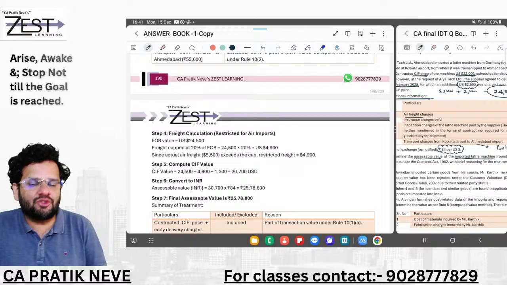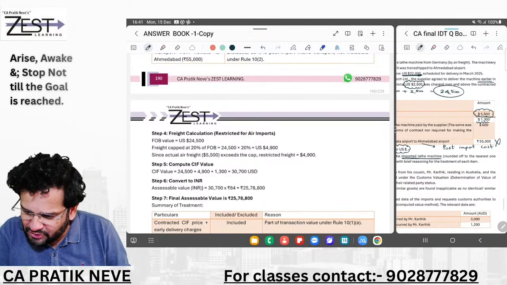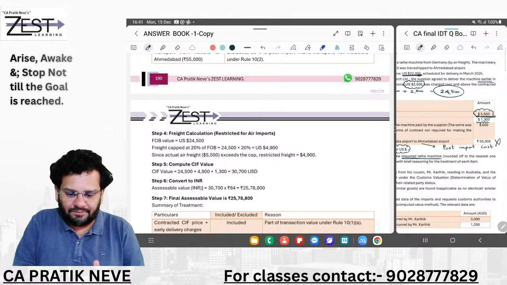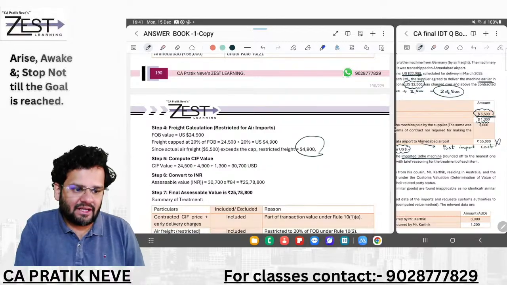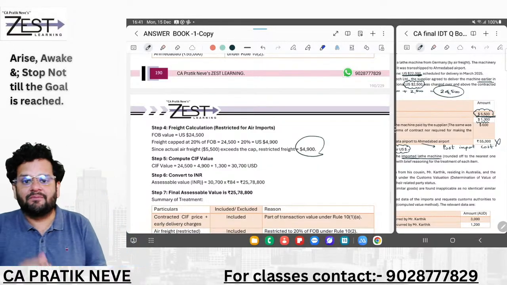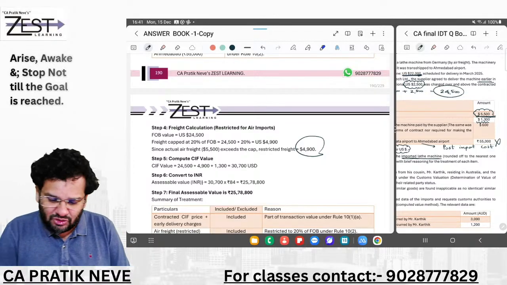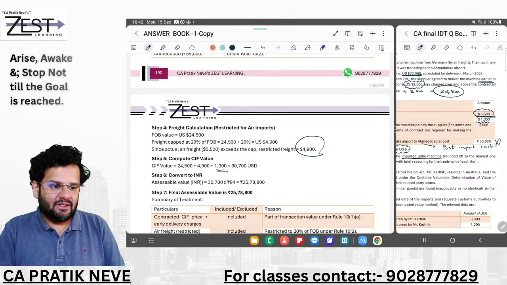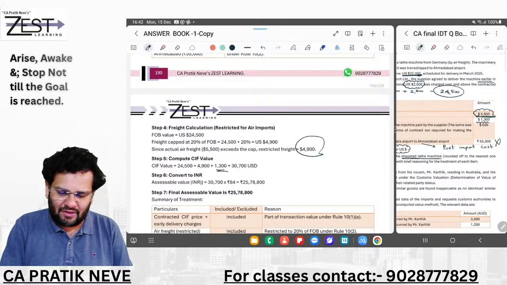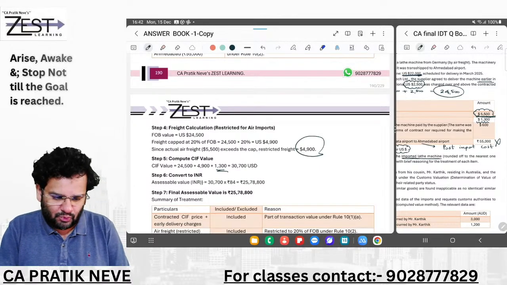Now freight, how much you are adding: the actual, which is 5,500, or 4,900, that is 20% of FOB, whichever is lower. So you are adding 4,900, and insurance you are adding actual, which is 1,300. Accordingly you will get CIF value. That CIF value will be assessable value.